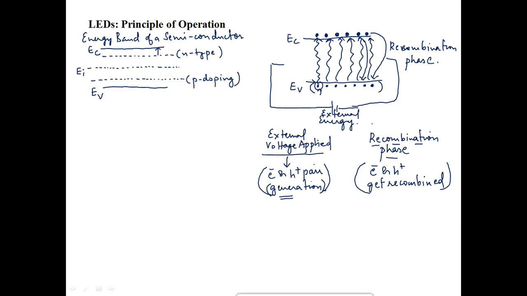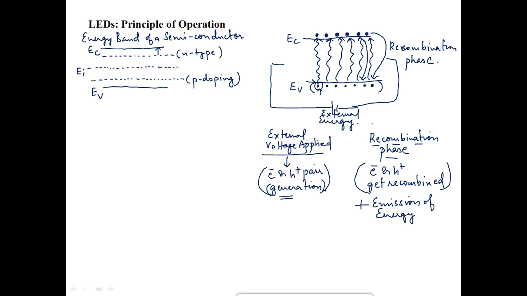So during the recombination phase, the electron gets recombined with the hole, plus, with the emission of energy. This energy was initially acquired by the same electron to jump into a higher energy level. Now once it has returned back, it has to give back that energy.